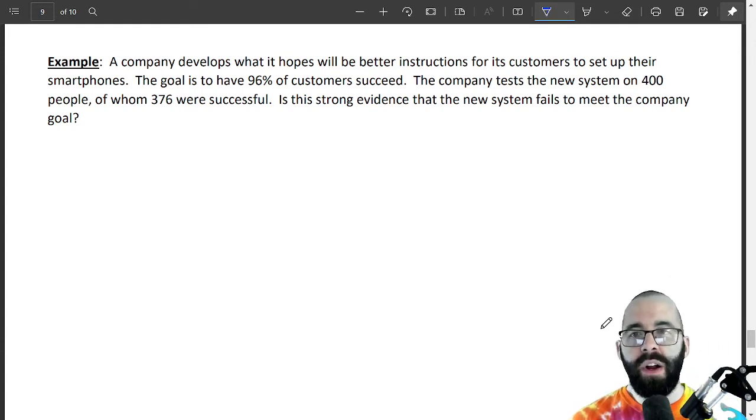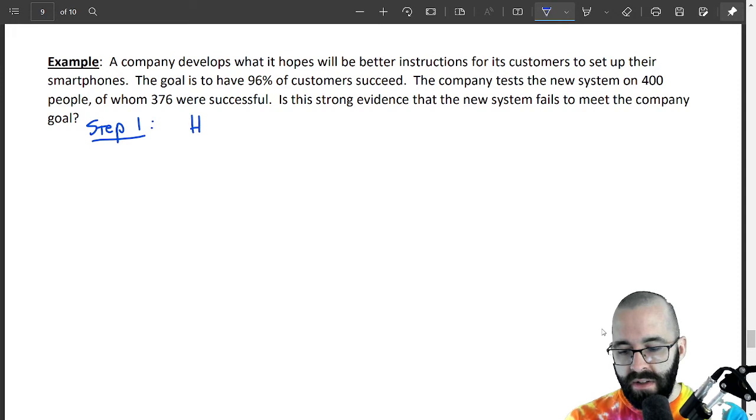A company develops what it hopes will be better instructions for customers to set up their smartphones. The goal is to have 96% succeed. The company tests the new system on 400 people, and it was successful on 376. Is this strong evidence that the new system fails to meet the company goal? What are we trying to test? Step 1, set up hypotheses.